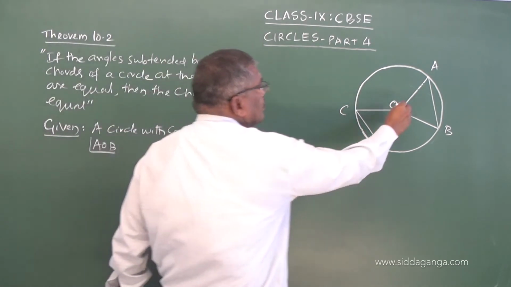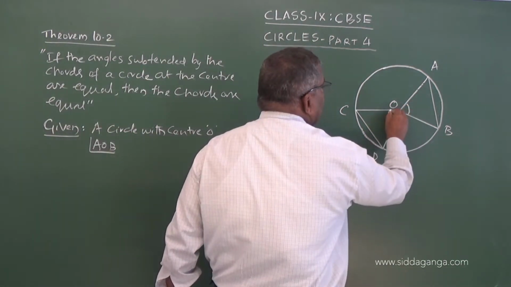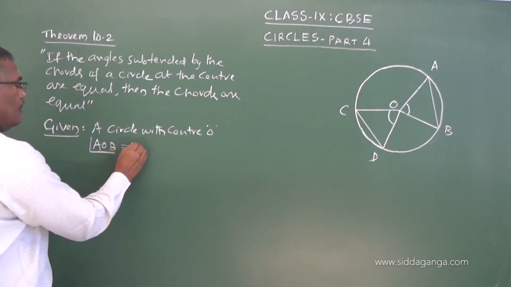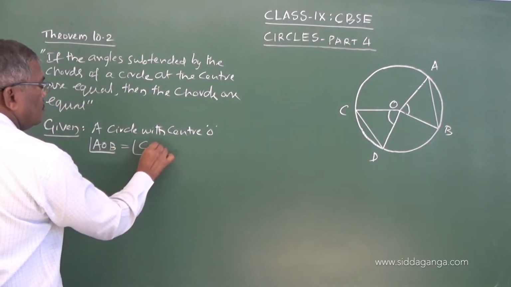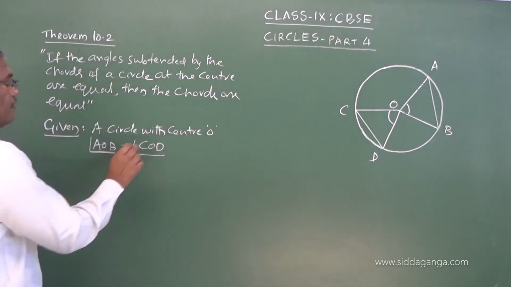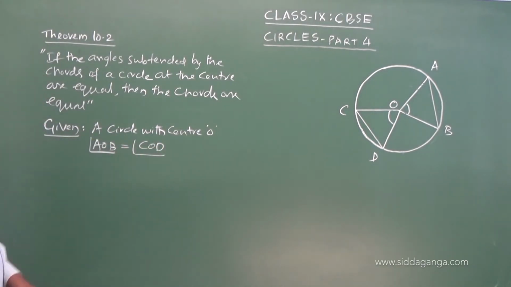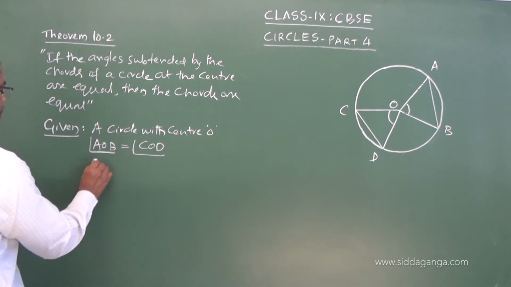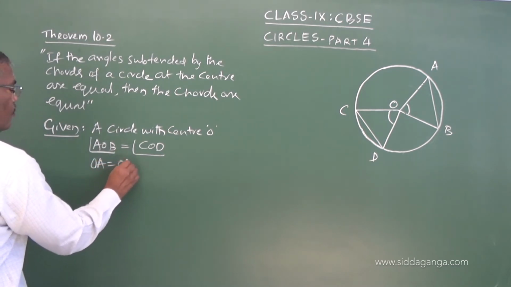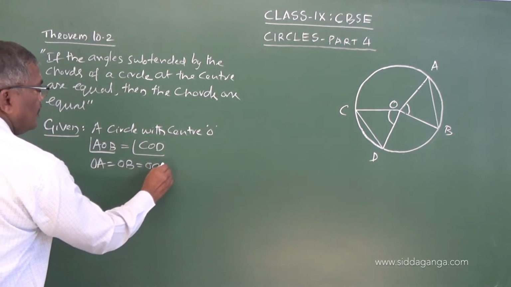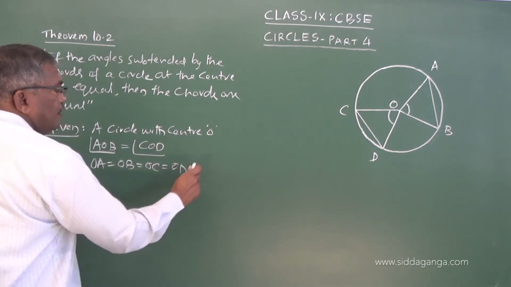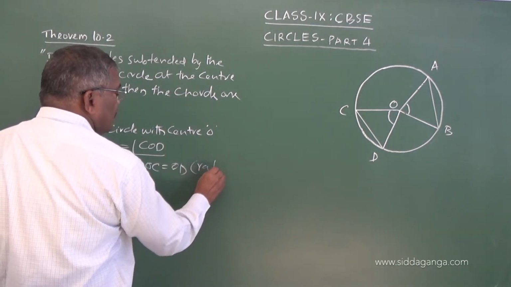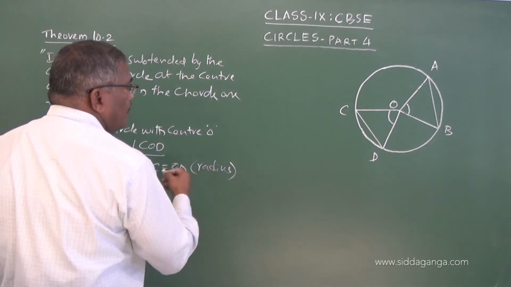You can see this angle is equal to this angle. This is the given data. Also we have OA equal to OB equal to OC equal to OD, because all are radius.